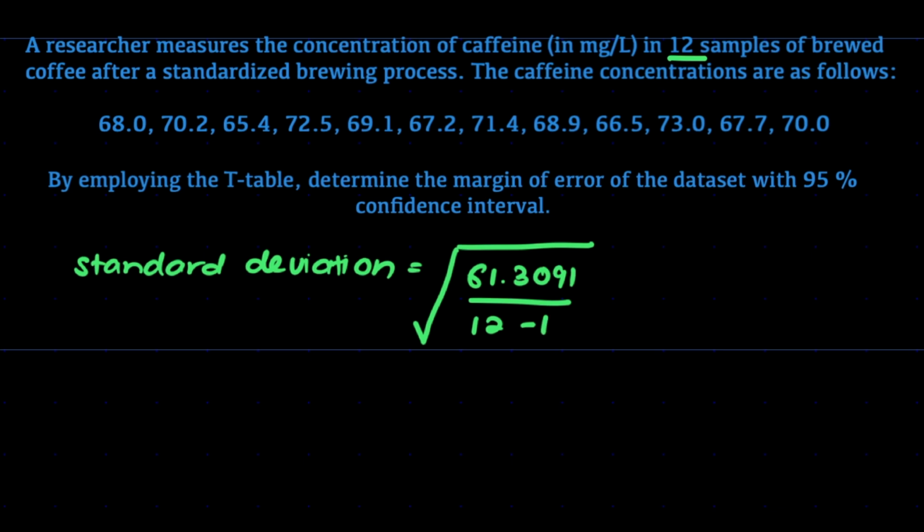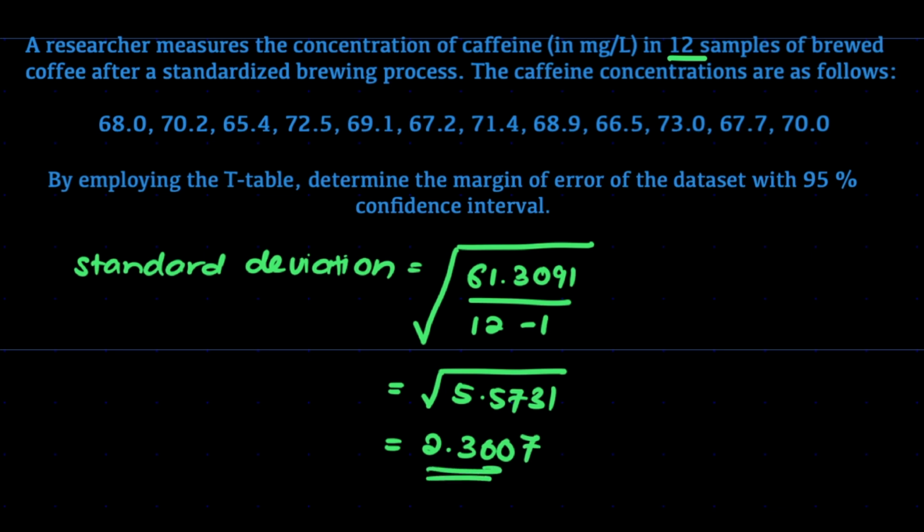Then you need to square root all of this number. So it's going to be the square root of 5.5731, and you will get your standard deviation equivalent to 2.3607. So this is your standard deviation.